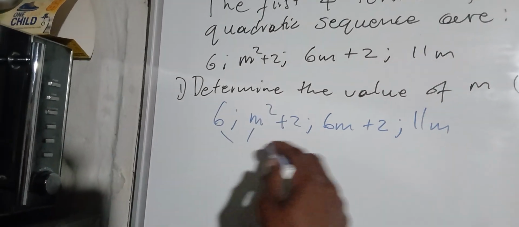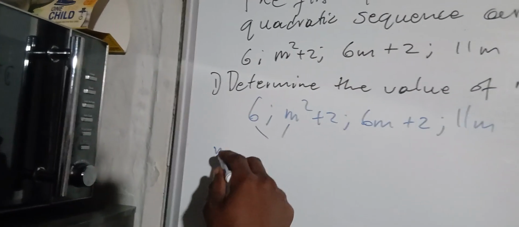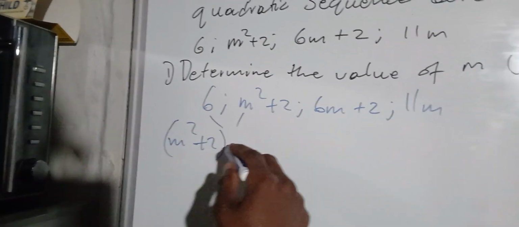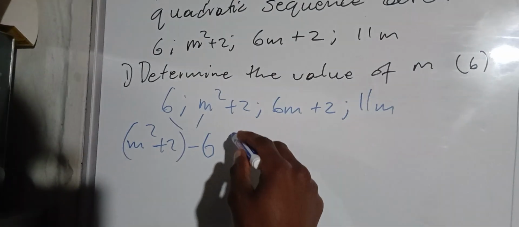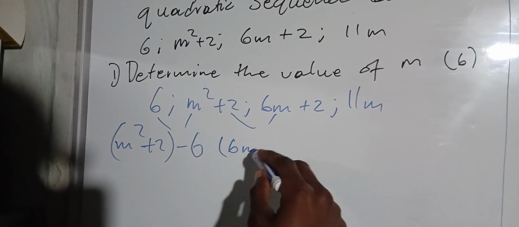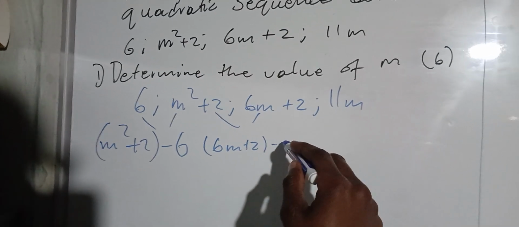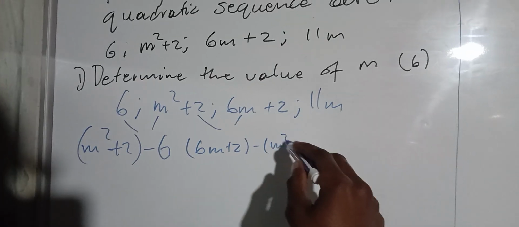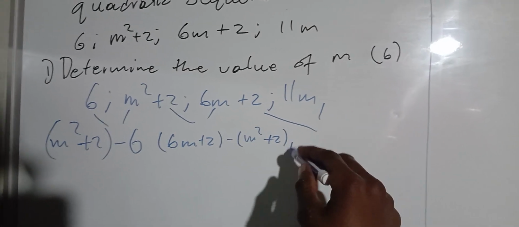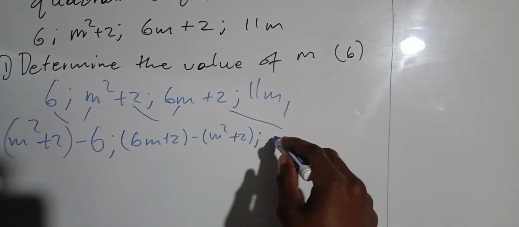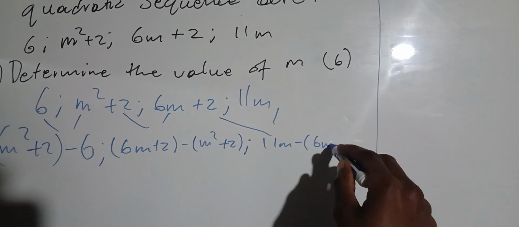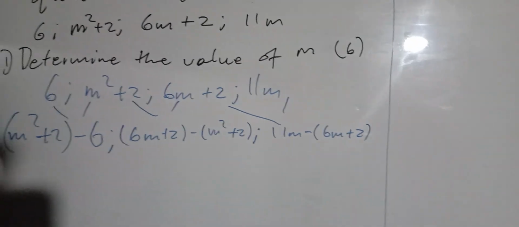So I'm going to have m squared plus 2 minus 6, and then here 6m plus 2 minus m squared plus 2. Then here I'm going to have 11m minus 6m plus 2.